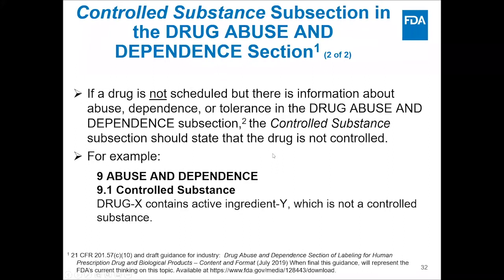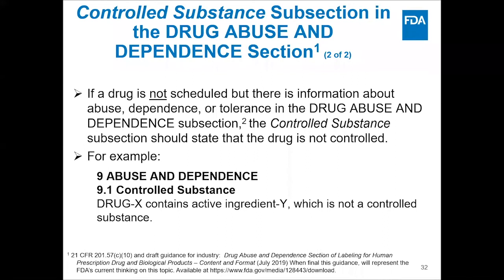So sometimes we have information about the drug. We may have negative abuse information or negative dependence information. For example, if it's a new drug and it's thought that it could be abused, but studies showed that we really didn't see abuse potential in the drug, we would likely include information under the abuse subsection that we studied it and there's no evidence that it was abused.